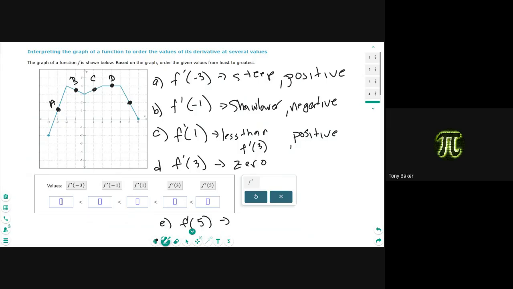So it's steeper than f prime of 1, right? Or negative 1. And it is negative. All right.